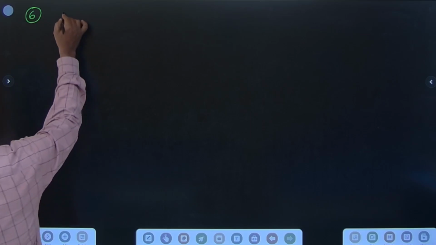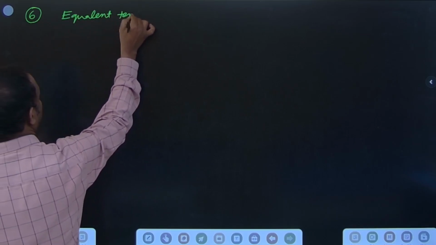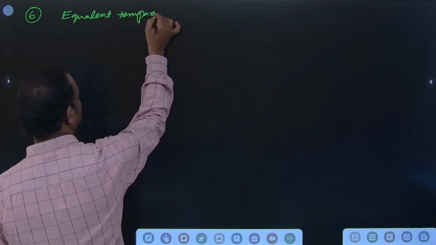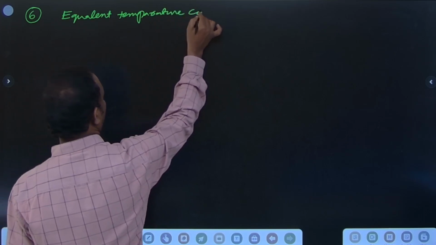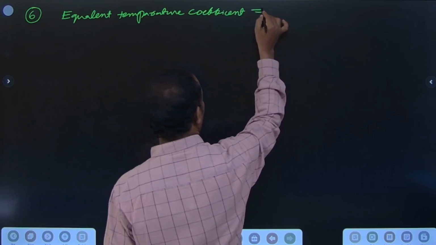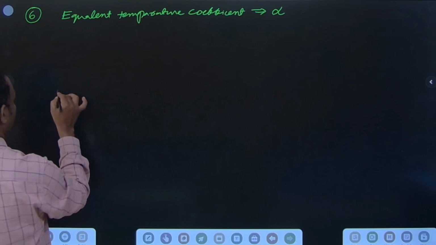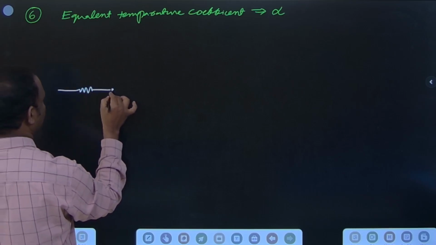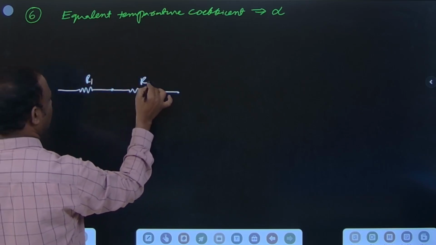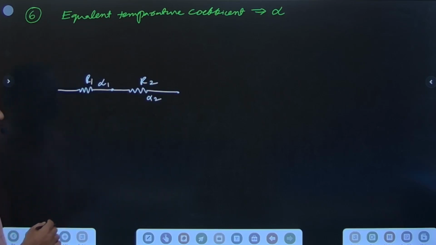Okay. Equivalent temperature coefficient. You know, the temperature coefficient is alpha. Two resistors you have, connected in series. Their resistances are R1 and R2, and temperature coefficients are alpha 1 and alpha 2.